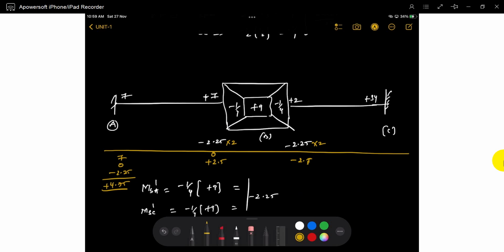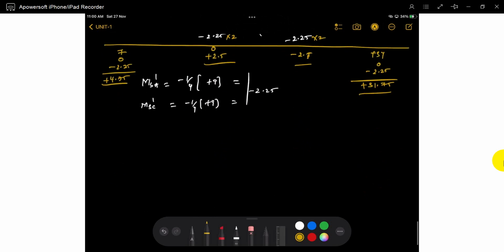Here, plus 34, plus 34. Own contribution is 0. Previous far end contribution 2.25. 34 minus 2.25, sorry, plus 31.75. Okay, that's the thing. The bending moment diagram and distribution diagram are to be prepared by you.